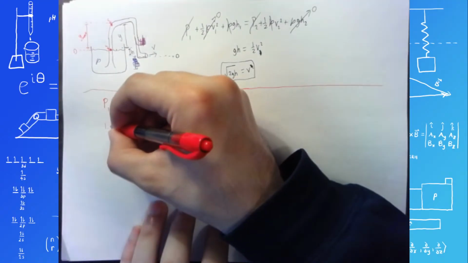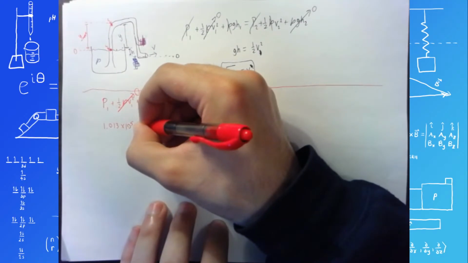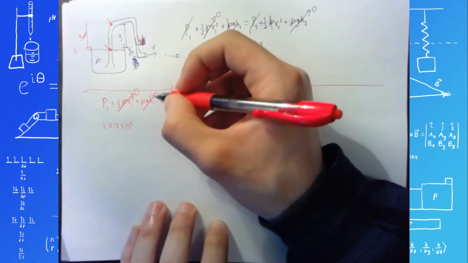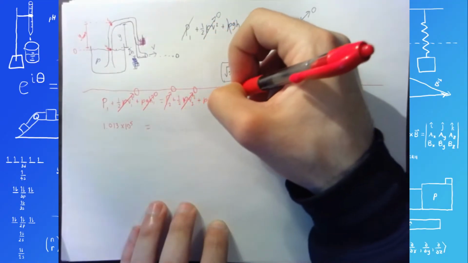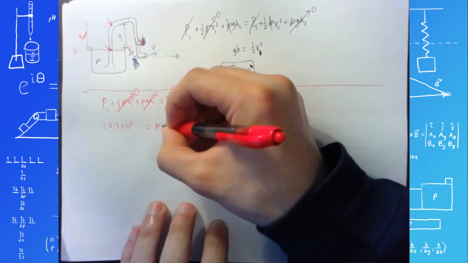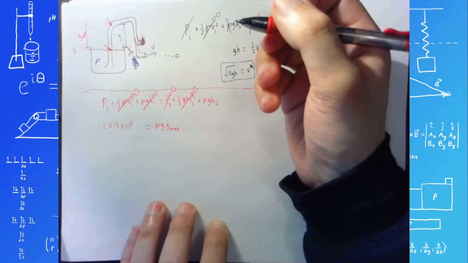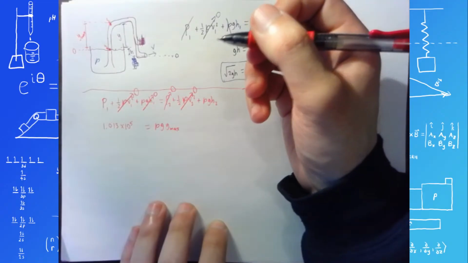So that's 1.013 times 10 to the 5 pascals equals, what's left here? Rho G Y max. Rho G Y max. And divide by rho G, and there you go.